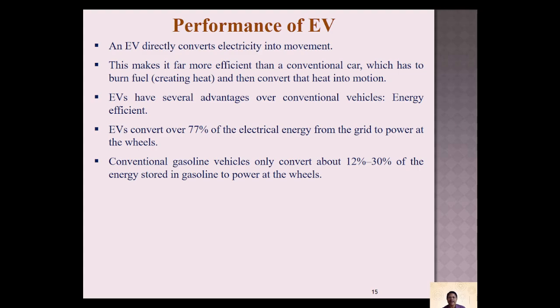For EVs, the efficiency of transferring electrical energy to power at the wheel is approximately 77%. For conventional gasoline vehicles, it ranges from 12% to 30% of the energy stored in the form of gasoline or diesel.